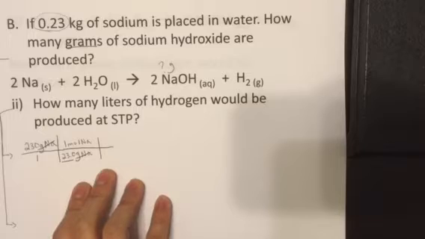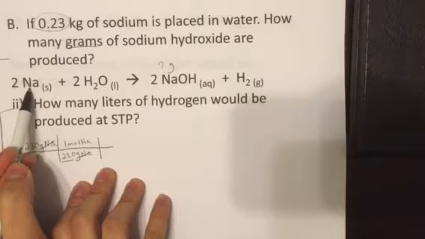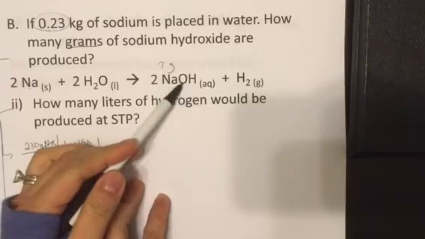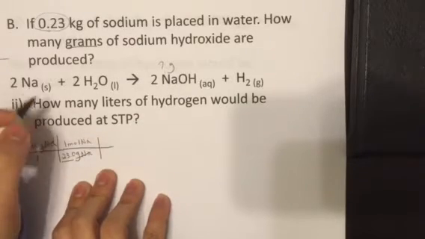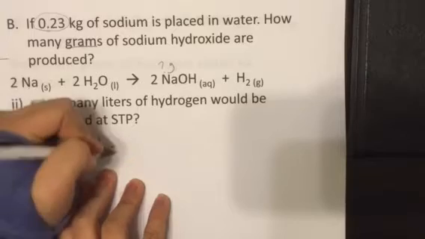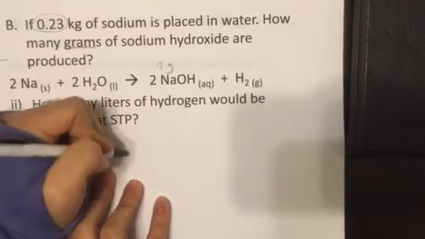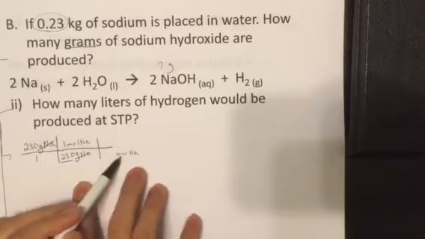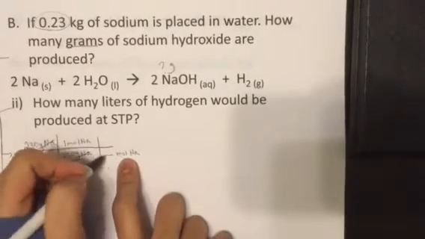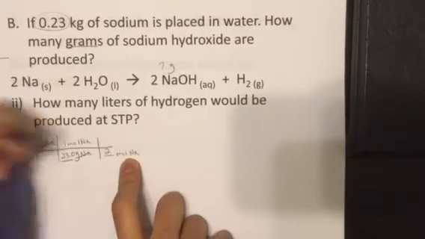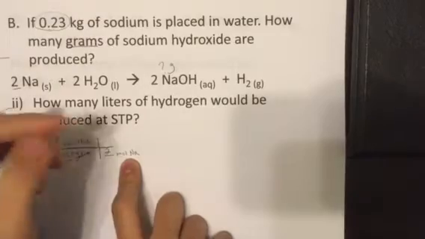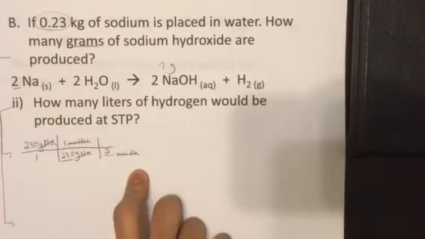All right, so now I can go ahead and compare the ratio between sodium and sodium hydroxide, the one that's in question. So I'm going to say, according to my problem, okay, I already know I have to put mole of sodium down here. But according to my problem, how many moles of sodium do I have? I have 2, okay? So I can cancel that out.